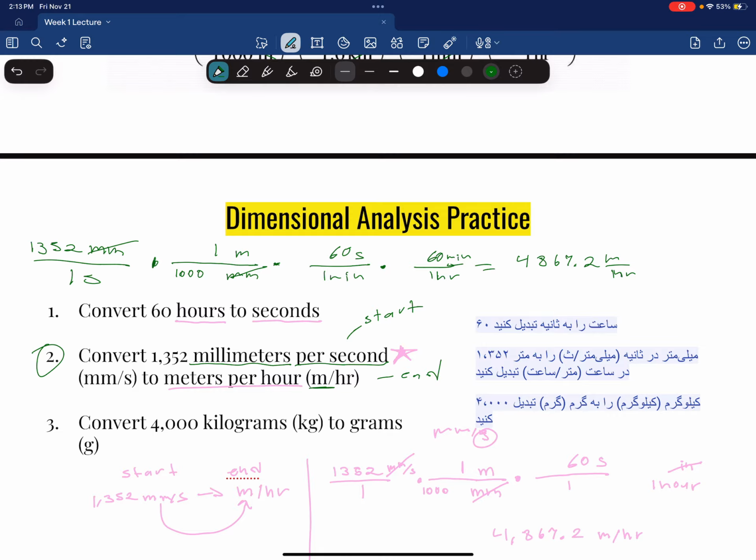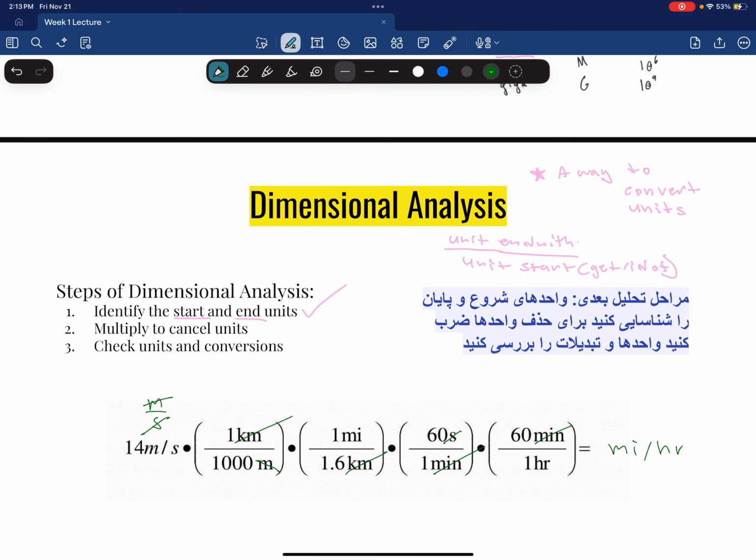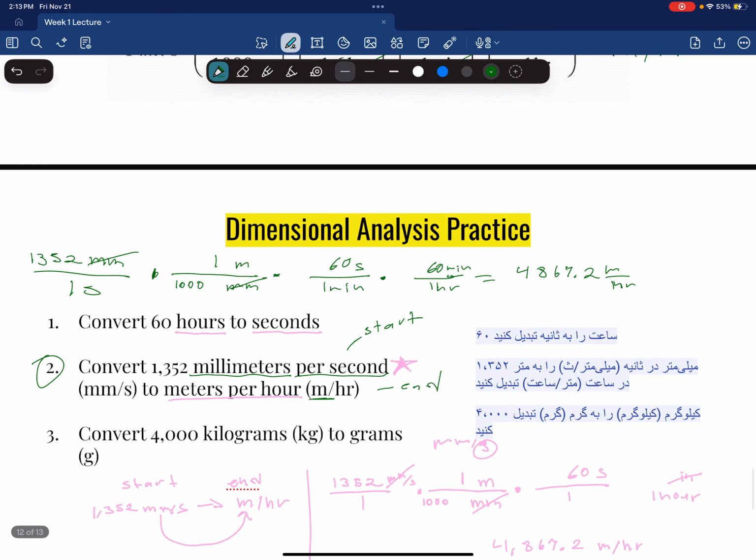The reason why that one was wrong is that I forgot that the seconds go at the bottom. So it's in reverse: you have the unit that you want to end up with at the top, and the unit that you start with at the bottom. Just keep that in mind, because mistakes like that can happen, and they can give you the wrong answers.